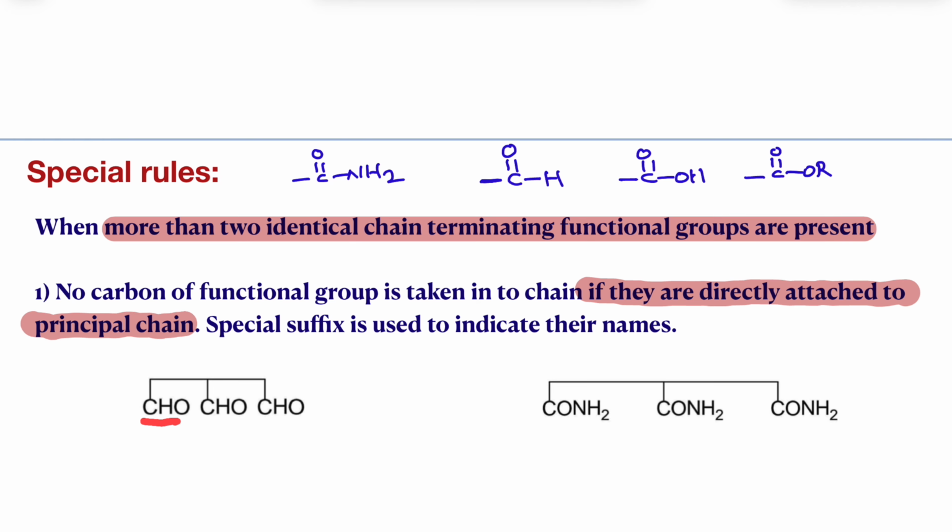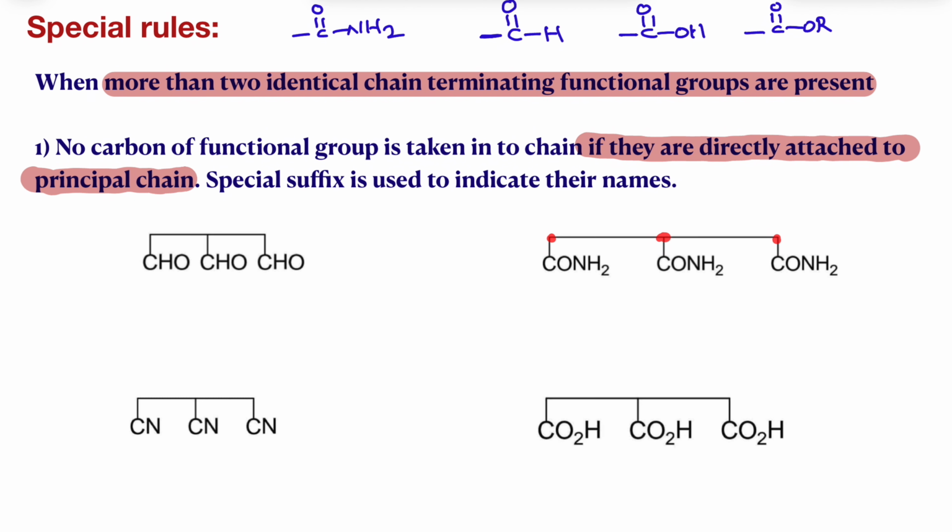What does it mean? You can see these are the aldehyde functional groups, chain terminating. This is the principal carbon chain. So 1, 2, 3, all of them are directly attached. We have three chain terminating functional groups, and all three are directly attached to the principal carbon chain.